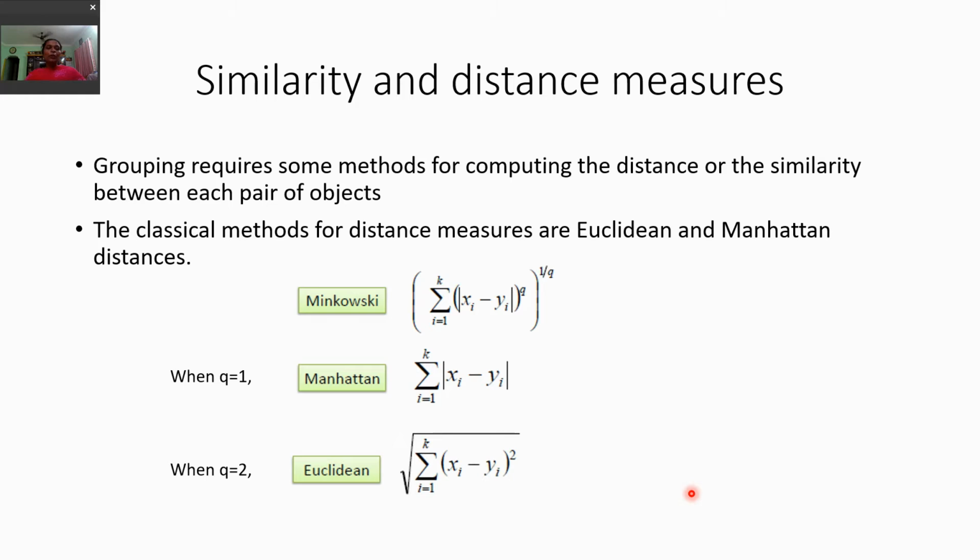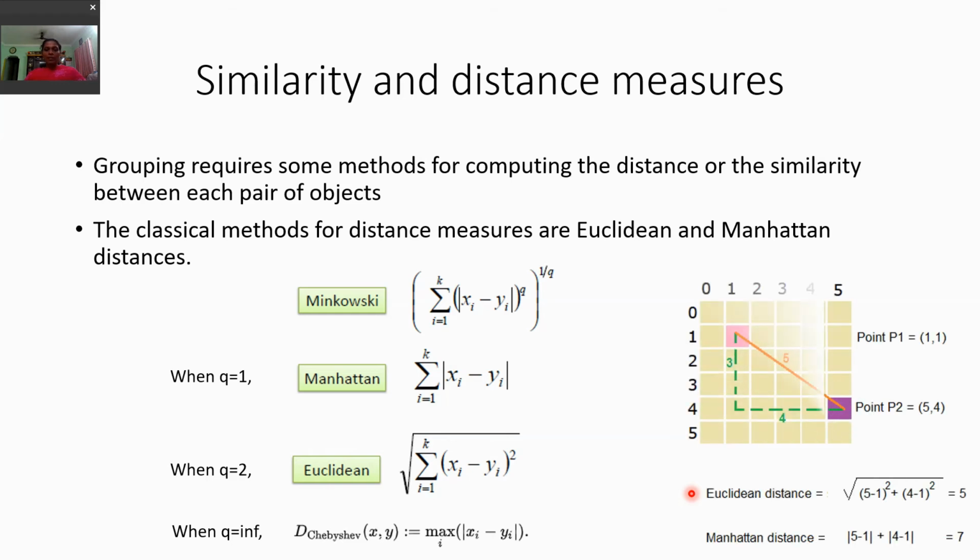When you substitute q equal to 2, this equation leads to the Euclidean metric. You know it as the square root of sigma xi minus yi the whole square. When you substitute q equal to infinity, this leads to the other metric called the Chebyshev metric, which finds the maximum distance among the two points.